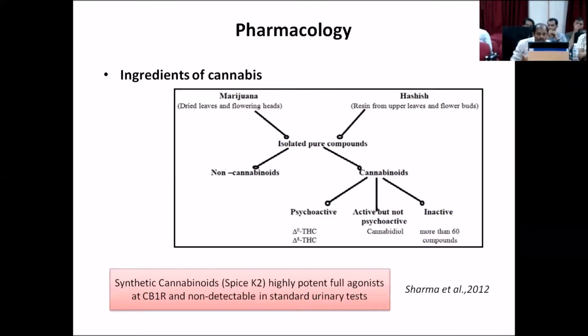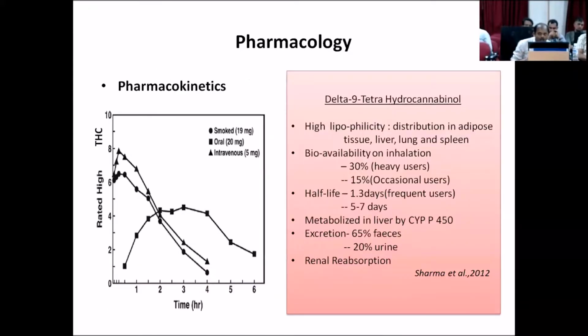But whatever it might be, the components are numerous, and often it is difficult to find the exact composition, as the strain of cannabis determines what chemicals will be found.